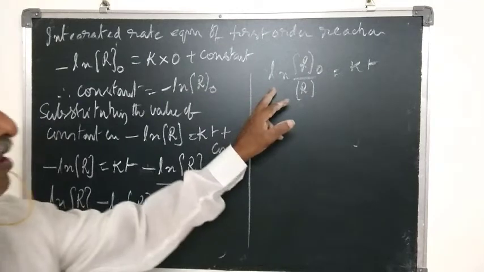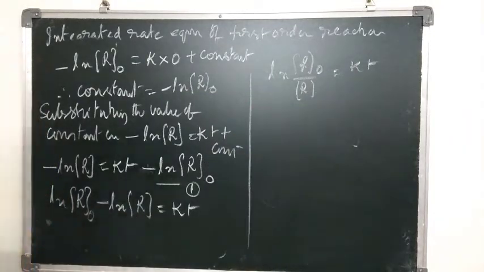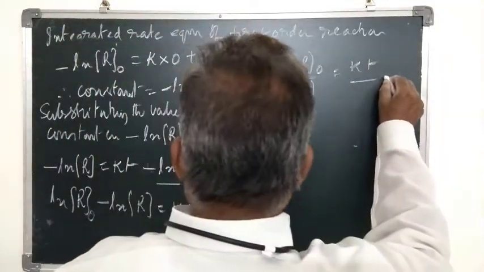Now this natural logarithm can be turned into base ten common logarithm. So this is number 2.